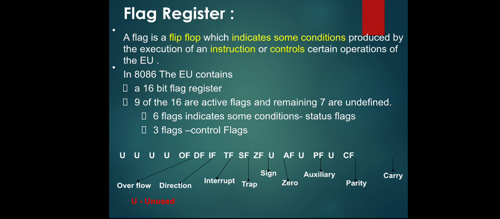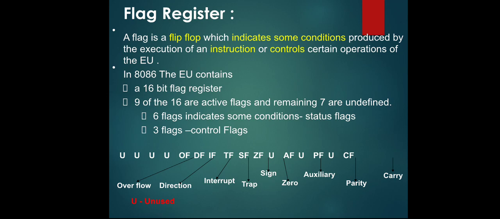Let us look into these 9 active flags. They are again categorized into 2 types. Of these, 6 flags are known as conditional flags and 3 flags are known as control flags. The 6 conditional flags are the carry flag, parity flag, auxiliary flag, zero flag, sign flag and overflow flag.